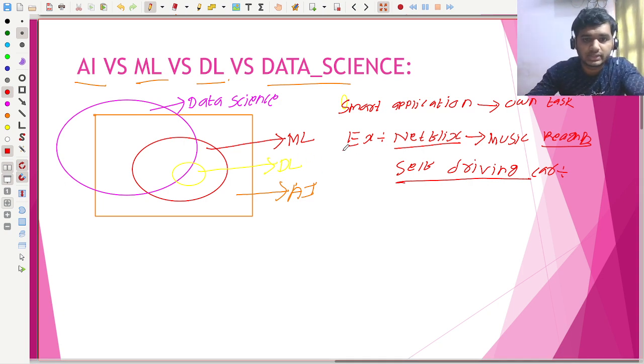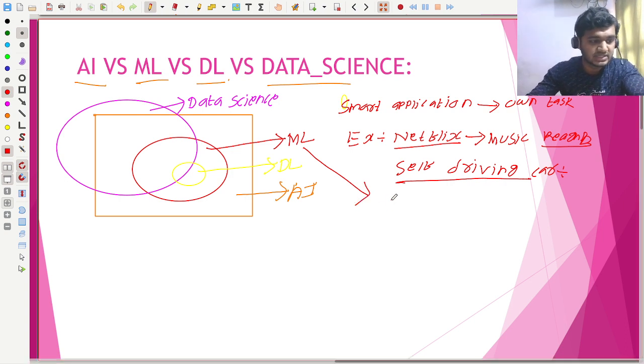And after AI, we'll discuss ML. ML is a subset of AI that focuses on the development of algorithms and statistical models that enable computers to learn from data and make predictions or decisions based on data.